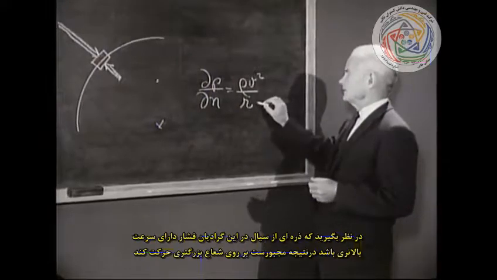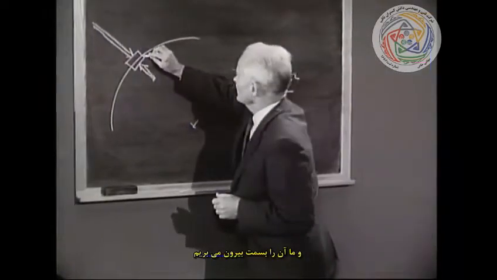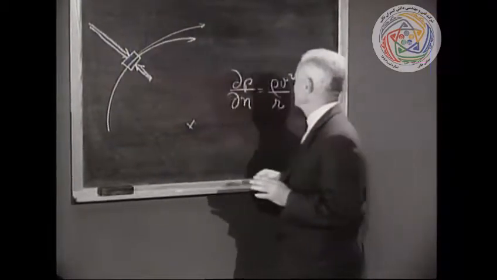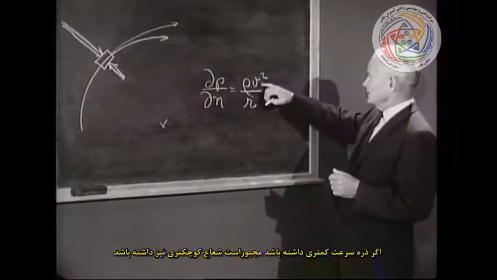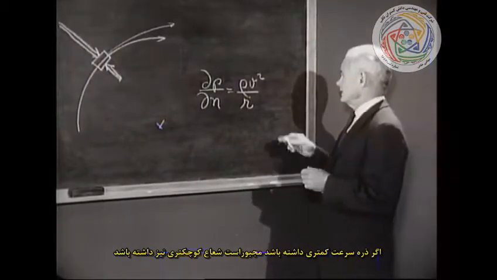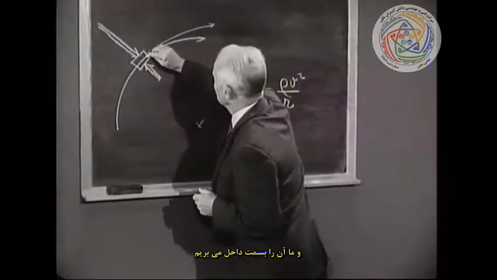It will then have to follow a larger radius and be carried outward. If it has a smaller velocity, it will have to follow a smaller radius and be carried inward.